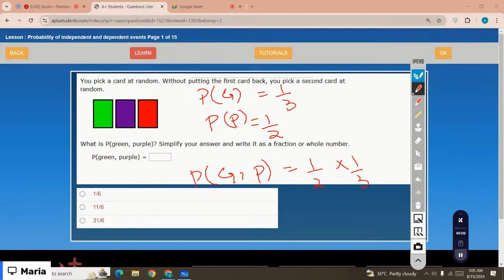That is 1 over 6. Option number 1 is the correct option. Got it?